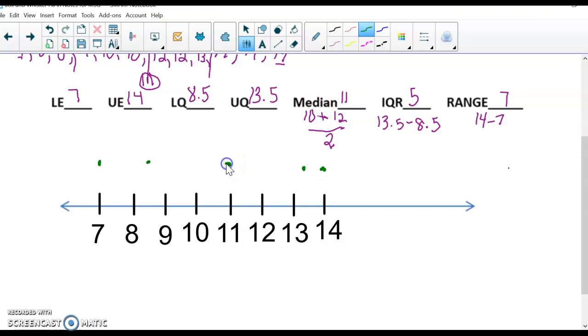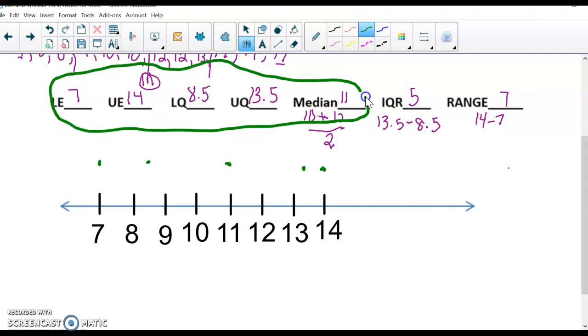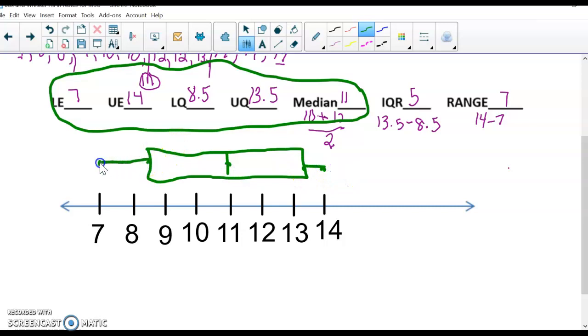That is our 5-number summary. And remember, I draw a box around my three center ones, a line down the middle, and I whisker out to the extremes. And there is my box plot.